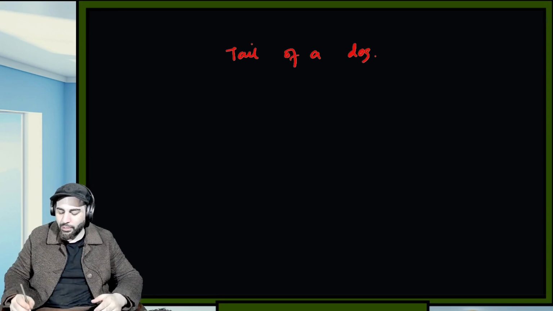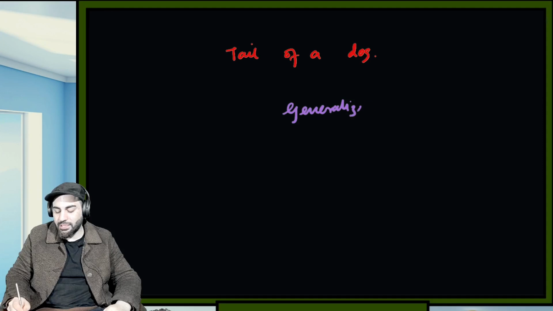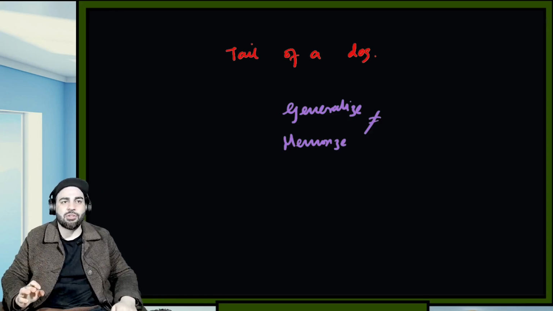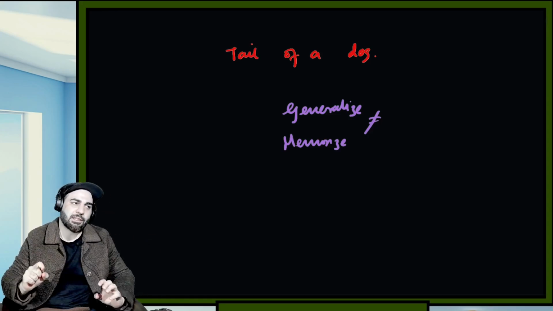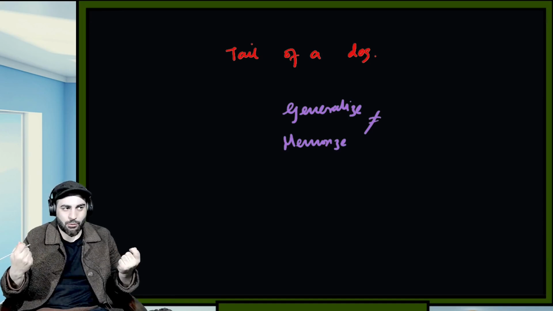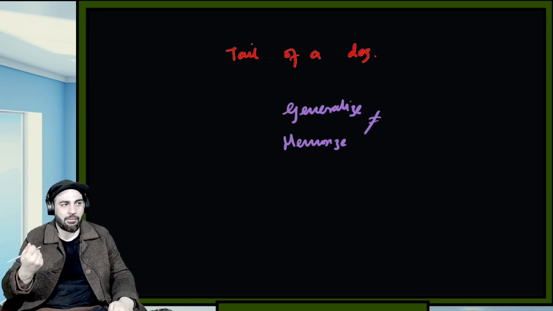So I'll add the point here. The task of the machine learning model is to generalize, not to just memorize. Okay, what's the meaning of memorization? If you see something, you memorize it, you spit it out. That's memorization. Generalization is, you find some patterns, and then you use the analytical tools, whatever you have, and come up with an answer.